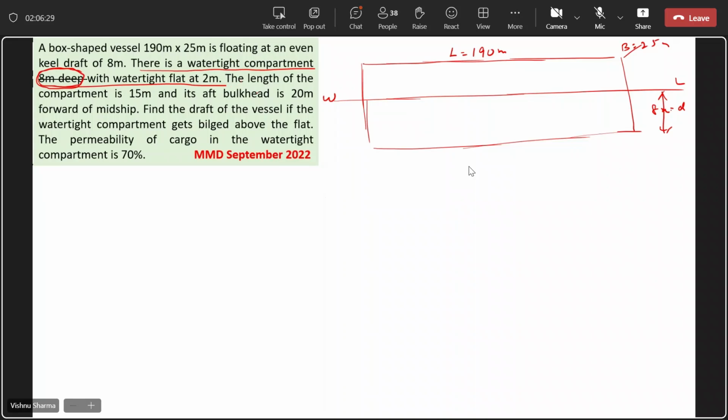The length of the compartment is 15 and its after bulkhead is 20 meters forward of midship. So here is your midships. Aft bulk, so this is almost 100, so it is 20 meters forward of it. So here is the aft bulkhead, and the compartment is 15 meters long. It has a watertight flat at 2 meters.